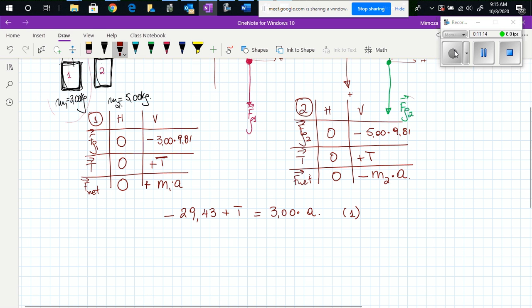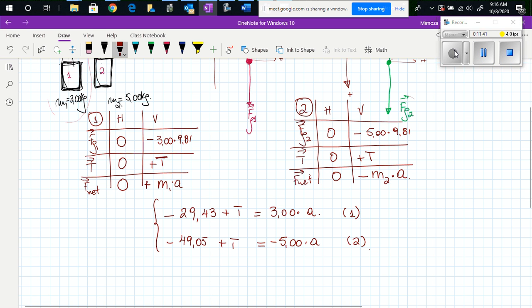And then for object 2, we have 5 times 9.81, which is negative 49.05, plus T is equal to negative 5 times acceleration. And this is from the vertical component of the second object.